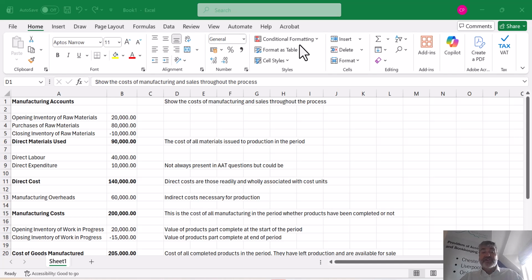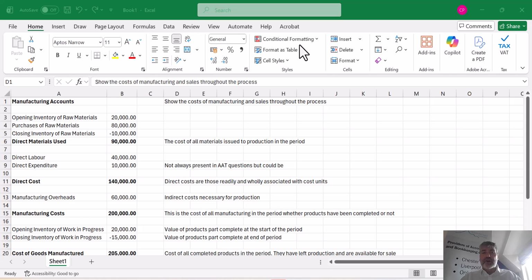If I add to that 20,000 the total costs of manufacturing in this current period, £200,000, and then deduct the value associated with partly completed product at the end of this current period, I must get a figure which represents the costs of everything that has been completed.